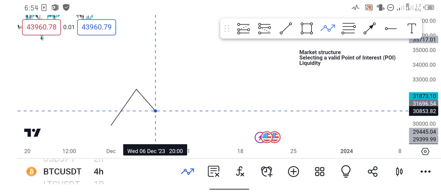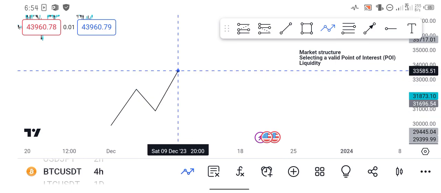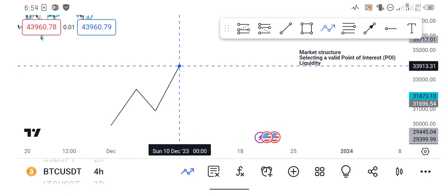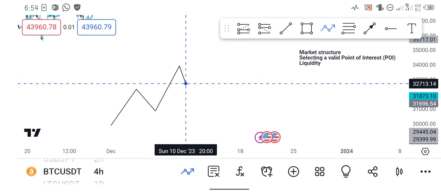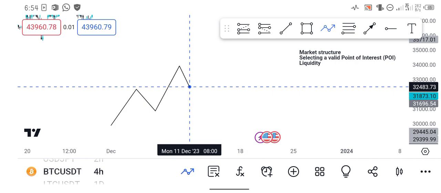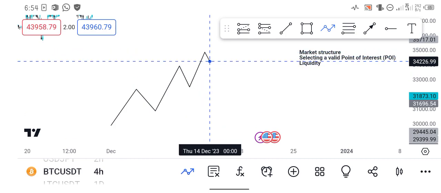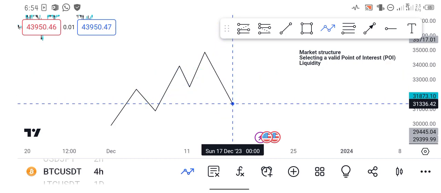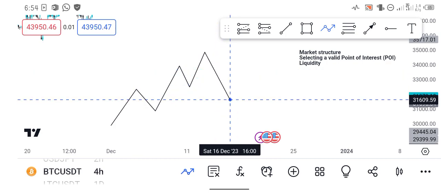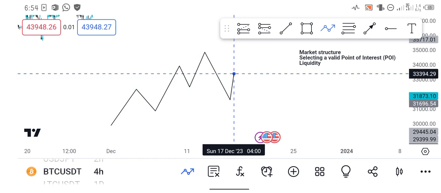This was price going upward, breaking structures. Price broke structure, came down, did something like this, went up again, came down to our POI. Don't worry, I'll give an explanation of all of this.